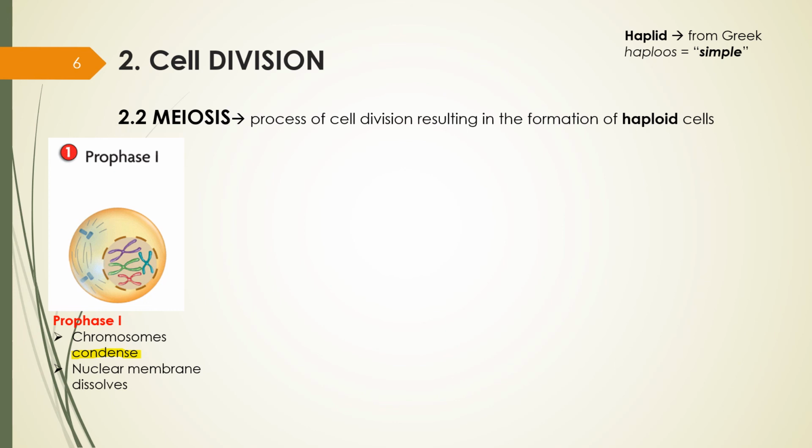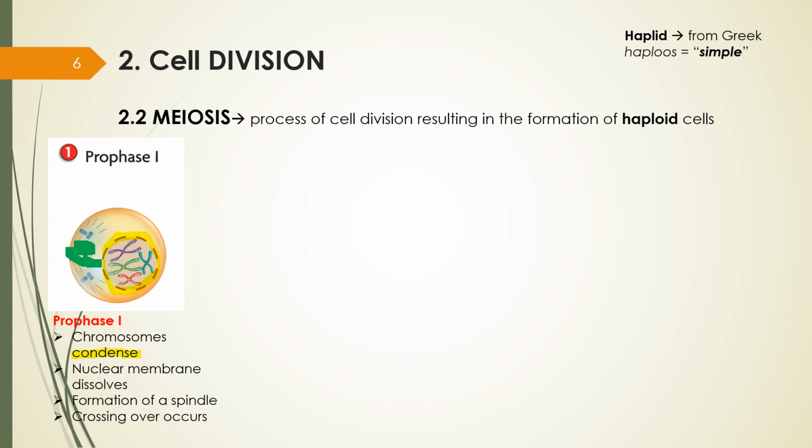My nuclear membrane dissolves, so my nuclear membrane disappears. What also happens? Formation of a spindle. This spindle here, what it does is help the chromosomes to go to the middle of the cell, okay?